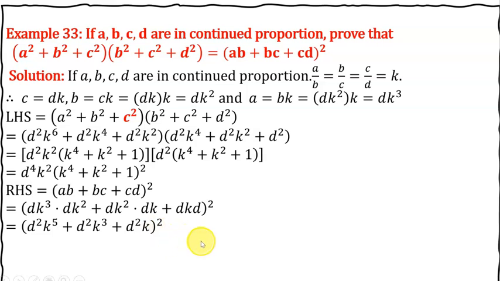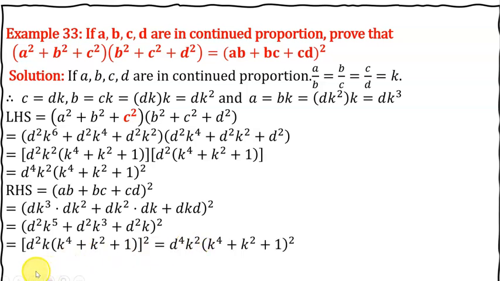Bracket complete. Now, from this bracket, you can take d square k as common. Then in bracket, you will have k raised to 4 plus k square plus 1 and this bracket square. And finally, here is d raised to 4 k square in bracket (k raised to 4 plus k square plus 1) whole square.